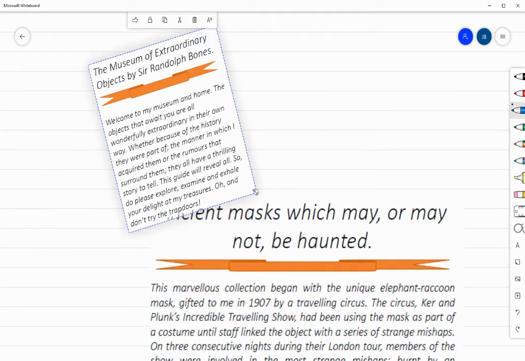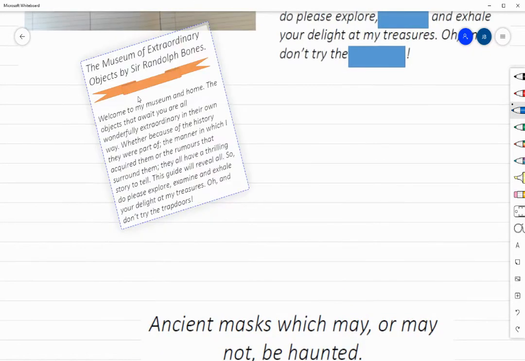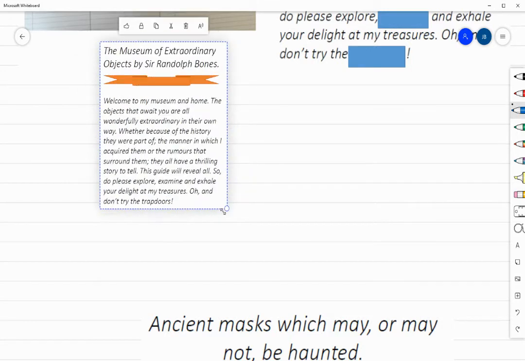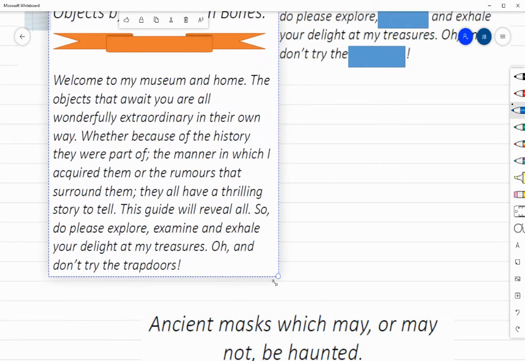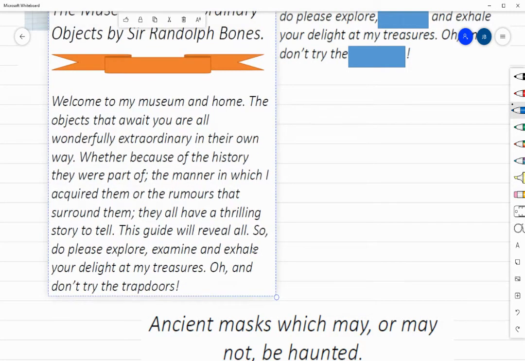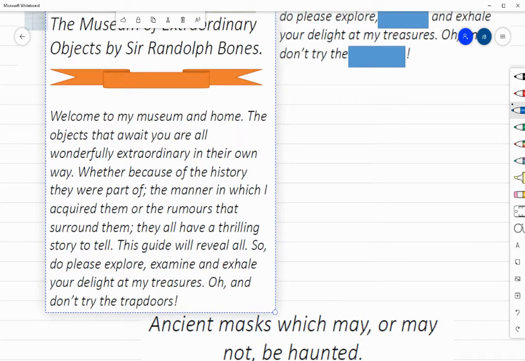Just make that a little smaller. So I've got the original paragraph here. Here we go. And I'm going to underline the words that are suggested here. You may have different ones. They may work. They may be different. It doesn't matter as long as they make sense.